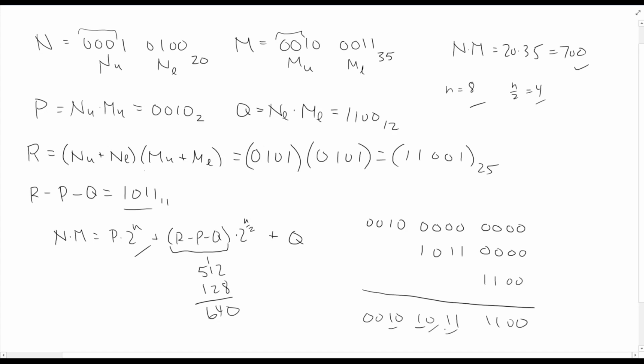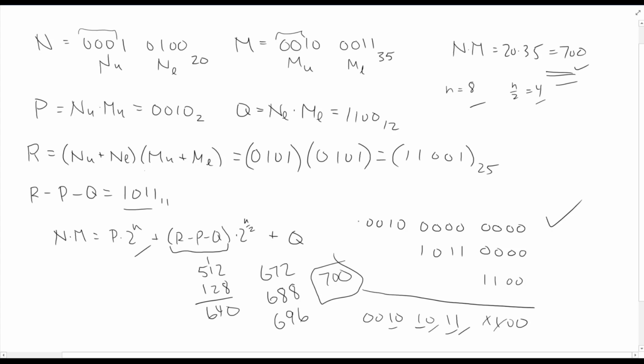So that's a 64, so that must be a 32, so we're at 672. That's a 16, so now we're at 688. We got an 8 on there, that puts us at 696. And a 4 on there puts us at 700. Hey, that's what we were trying to get. Looks like Karatsuba's algorithm worked out for us, and we computed it correctly.